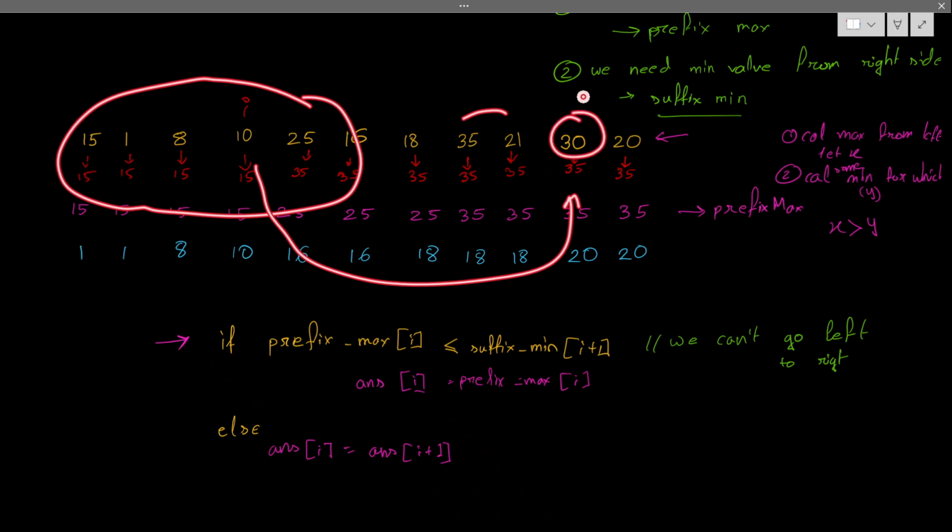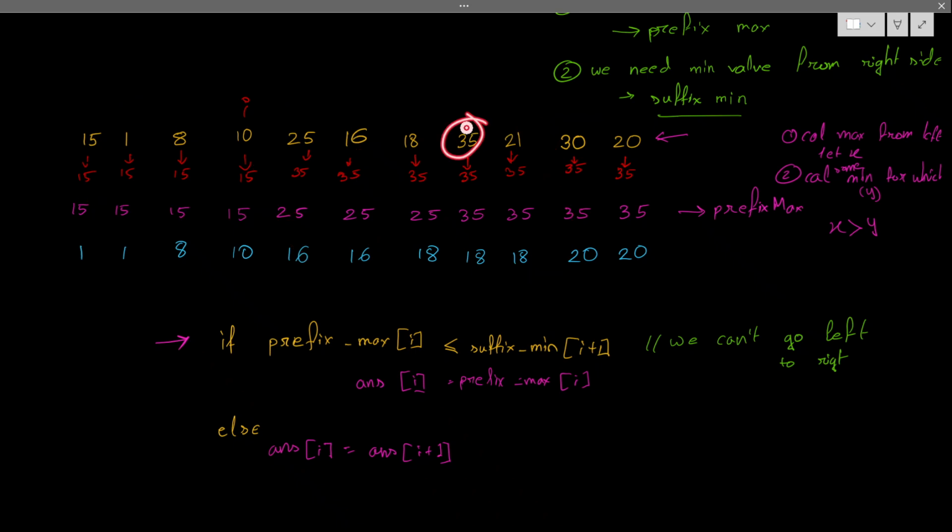Similarly, for 30, we can take the maximum 35, and from 35 I can go to 20, and 20 gives you 35. So you can see I am always getting this: wherever I jump, it does not matter where I go, it leads to the answer of i plus 1.